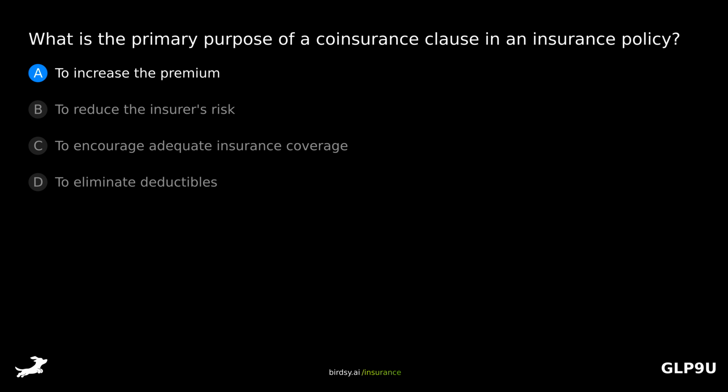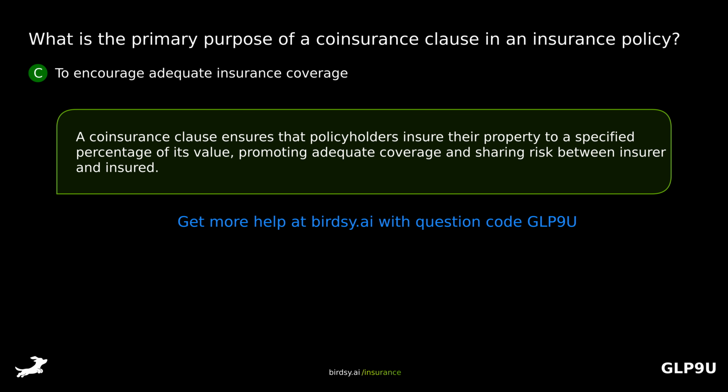Is it A, to increase the premium, B, to reduce the insurer's risk, C, to encourage adequate insurance coverage, or D, to eliminate deductibles? The answer is C, to encourage adequate insurance coverage. A coinsurance clause ensures that policyholders insure their property to a specified percentage of its value, promoting adequate coverage and sharing risk between insurer and insured.